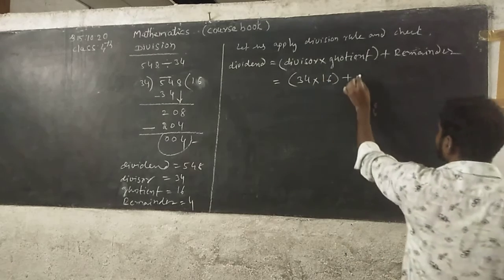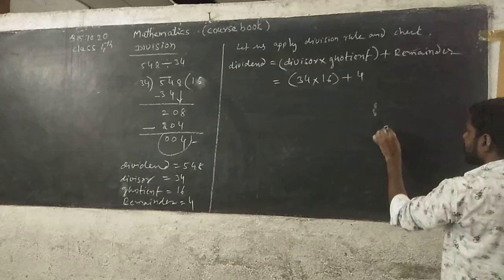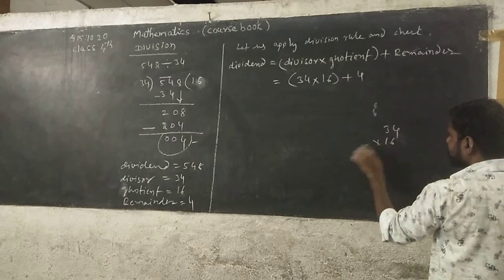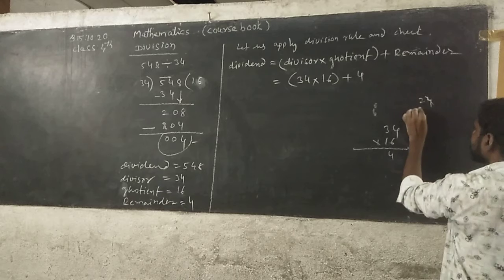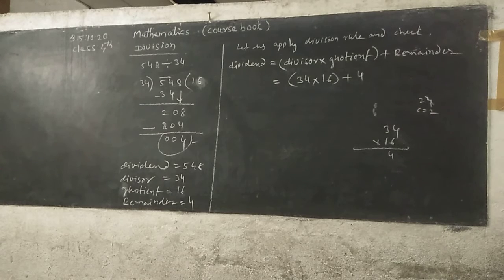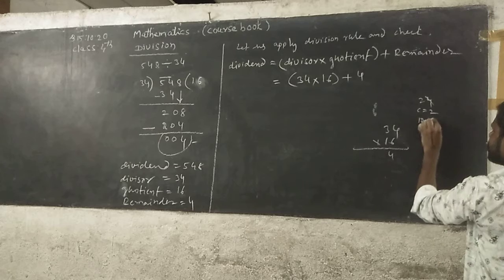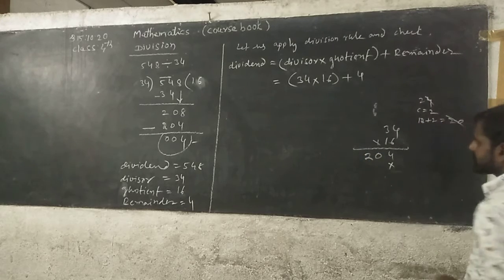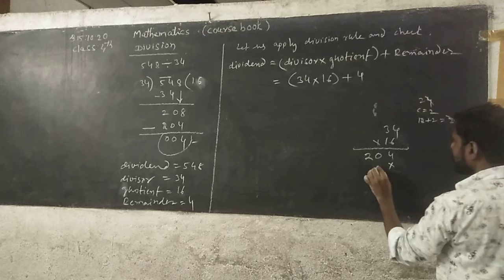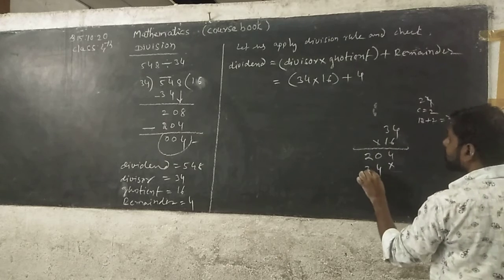See here, 34 into 16. 6 4s are 24, 4 taking, carrying 2. 6 3s are 18, 18 plus 2, you get 20. Write down. Next, one space cut it. 1 4 is 4, 1 3 is 3.